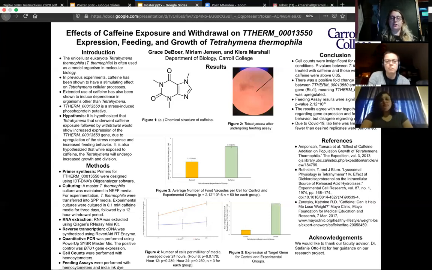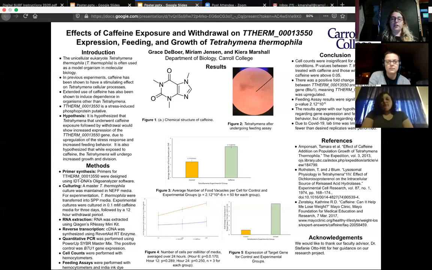Feeding assay results were also significant with a p-value of 2.12 times 10 to the negative 6, which is much smaller than 0.05. With these results, we can agree with our hypothesis regarding the T-therm gene expression increasing when exposed to caffeine and then withdrawn, and within our feeding behavior as well, but it disagrees with our hypothesis related to cell growth.